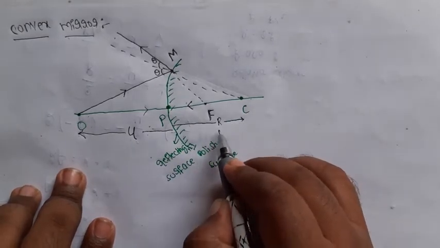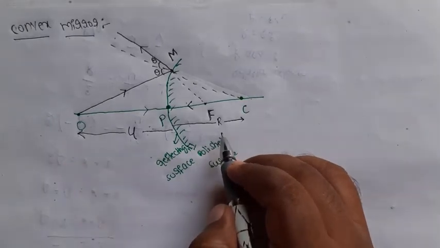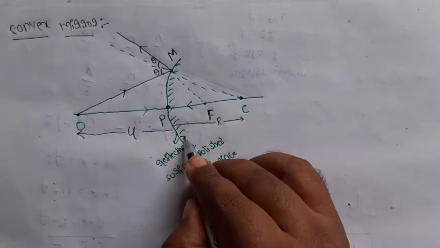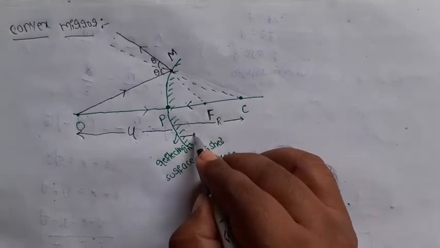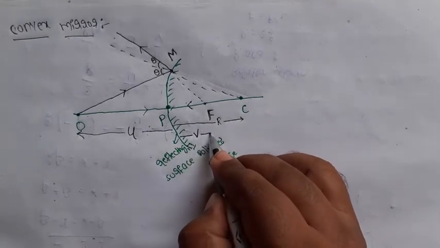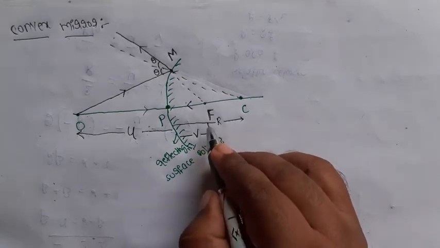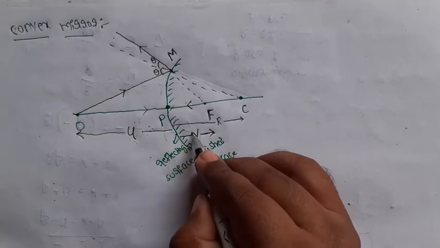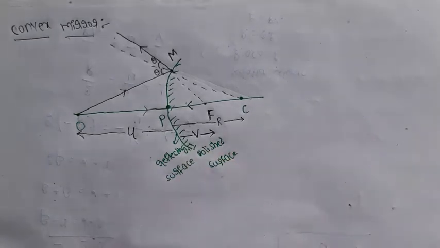That is the R value. Next, pole to focus is the image distance. Image is formed at principal focus, so this distance is image distance, denoted by letter V.